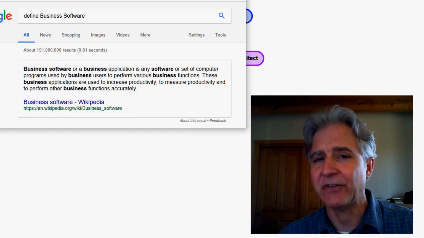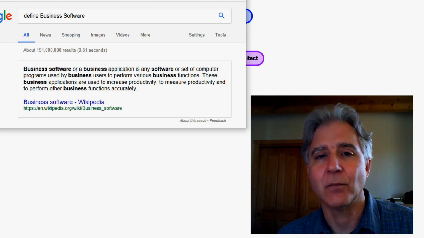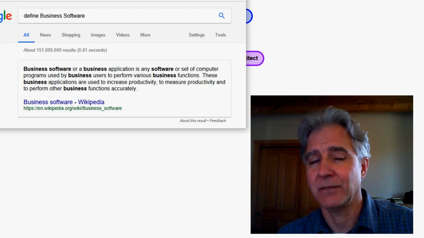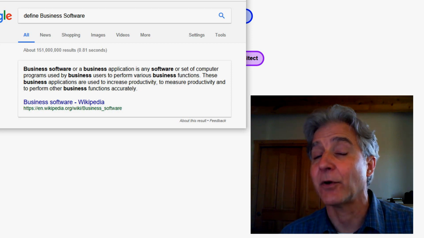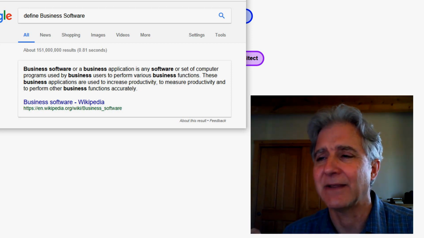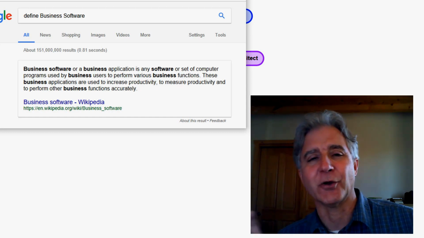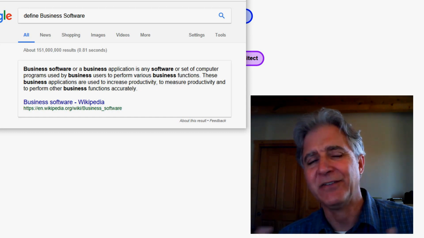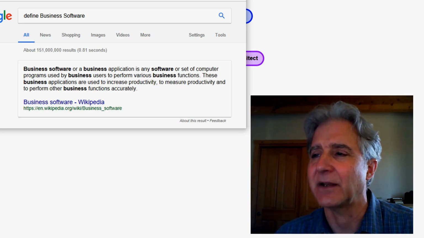Your business software is there to support the business, but increasingly with self-service, with mobile applications, with web-based applications, the customer is also part of this. So I think this definition is close, it's a good start, but it came from an earlier age when business software wasn't really engaging customers. So I think we need an update of this definition.